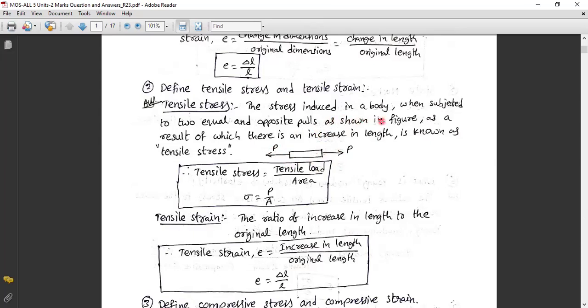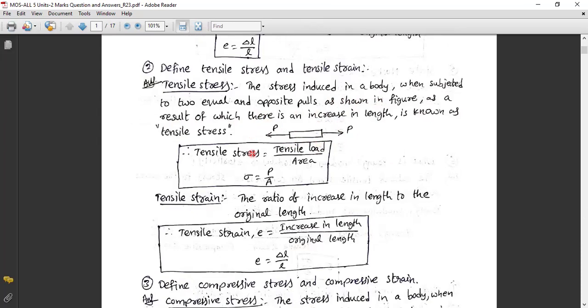The stress induced in a body when subjected to two equal and opposite pulls, as shown in the figure, results in an increase in the length.